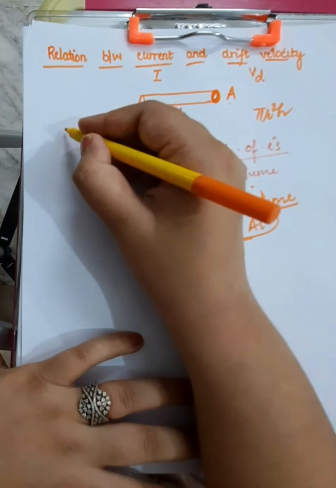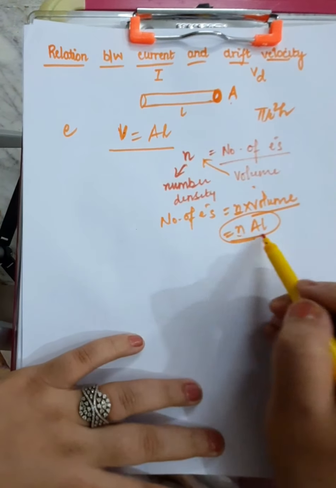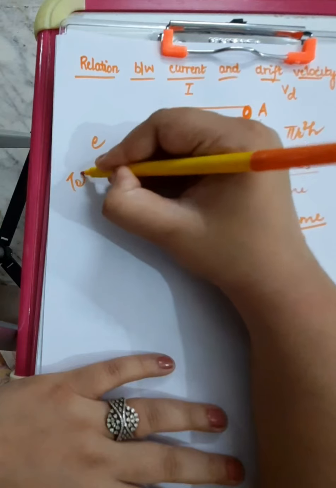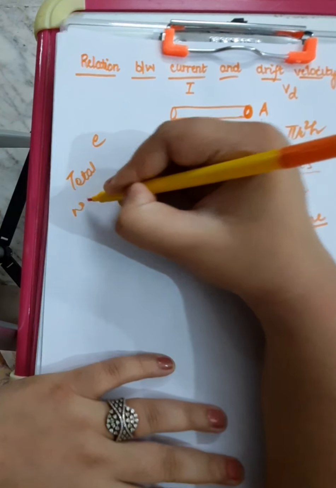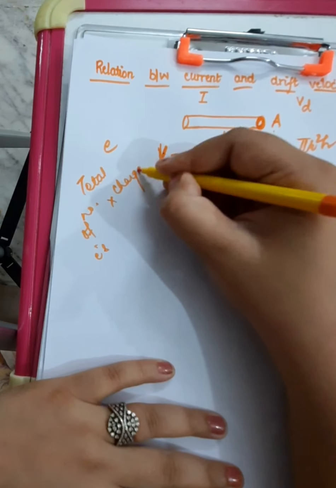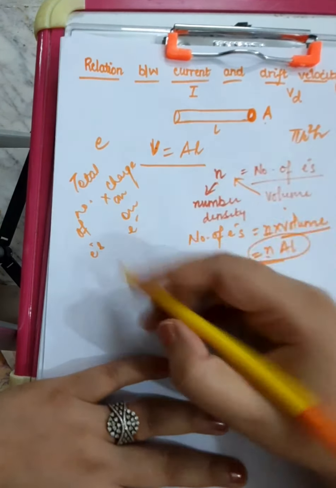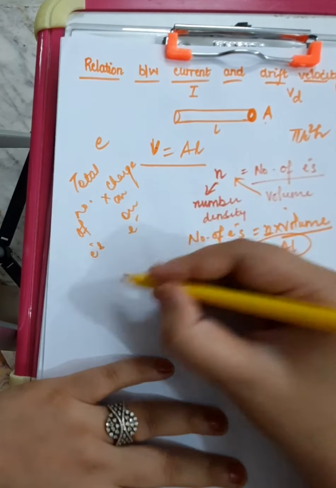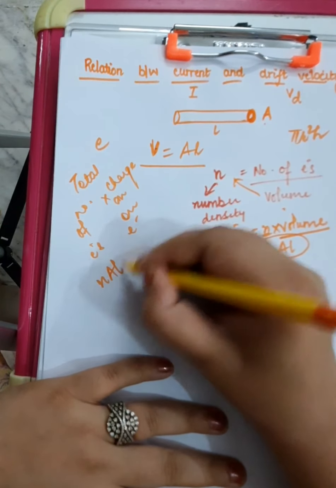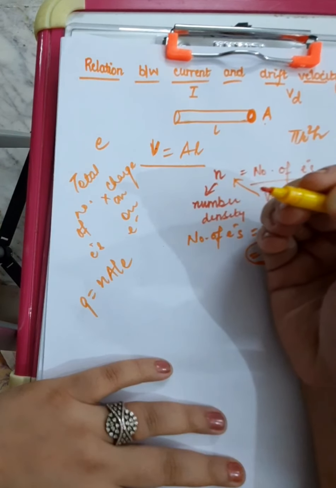The charge on one electron is e. So the charge on the total number of electrons will be the total number of electrons multiplied by the charge on one electron. So that will be equal to nAL times e, where the total number of electrons is nAL and the charge on one electron is e. So this is the total charge.